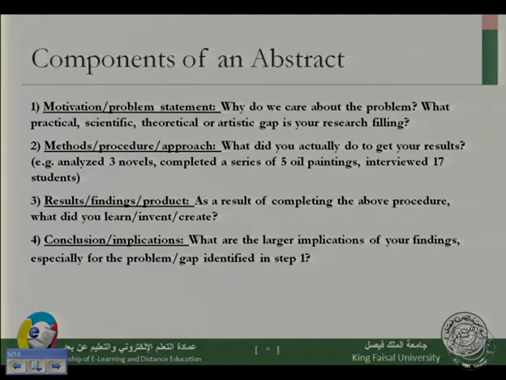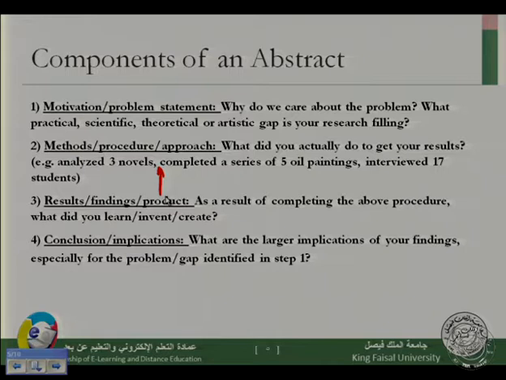The third component of an abstract: you are going to tell us the results, the findings, or the product of your research. As a result of completing the above procedure, number 2, you are going to tell us the results. What did you learn or invent or create? Yes, you might invent something new or create something new from your research.